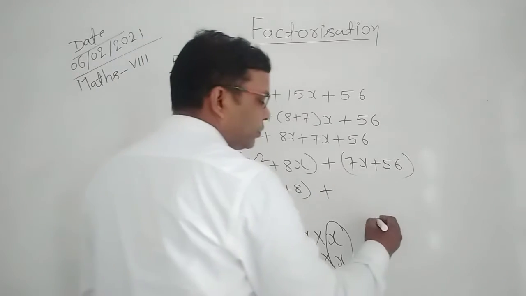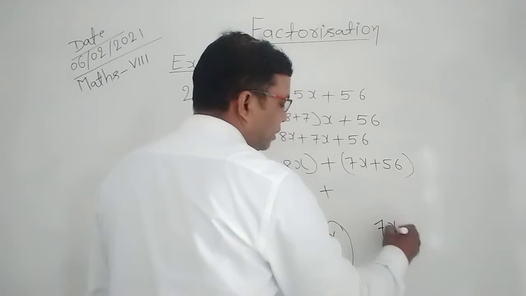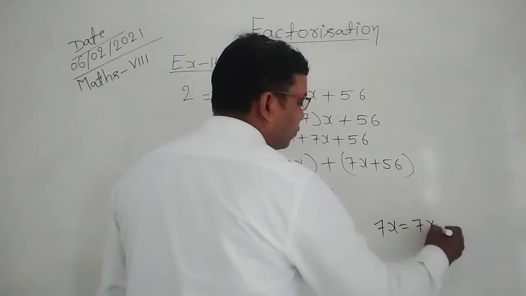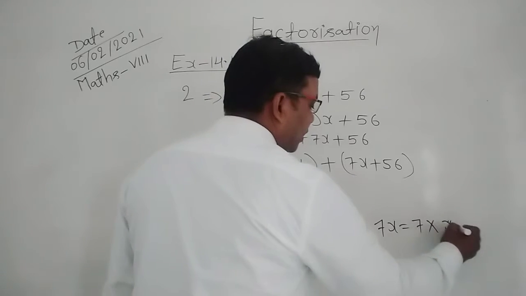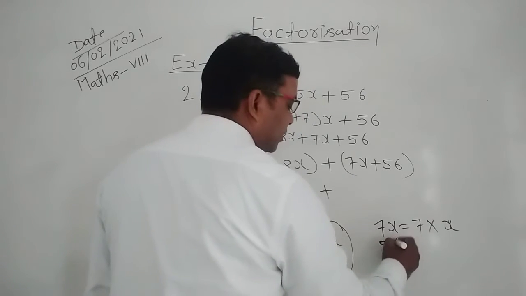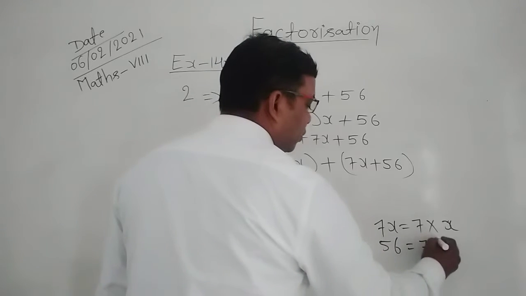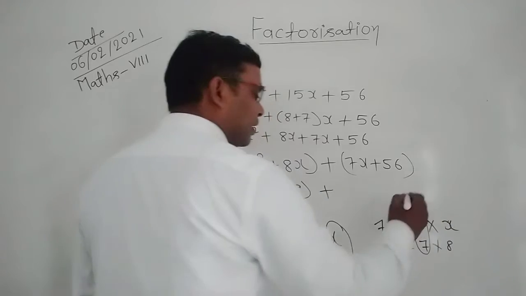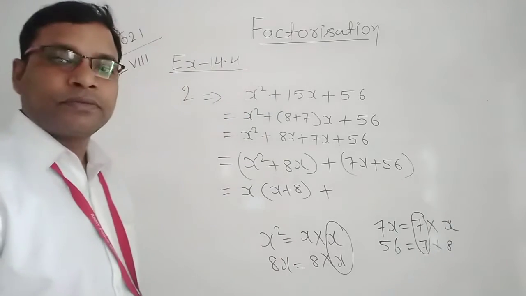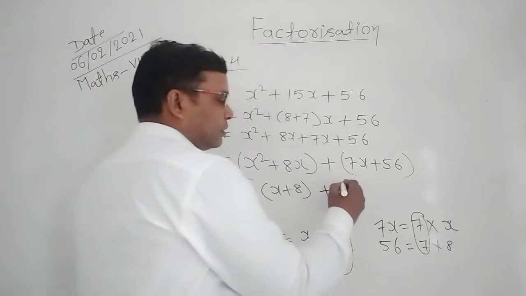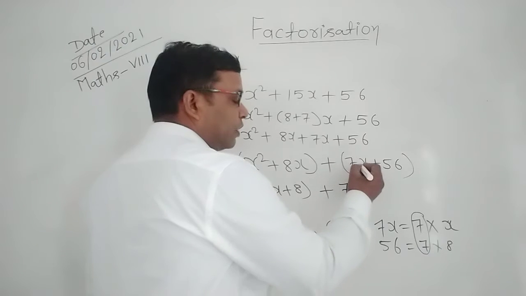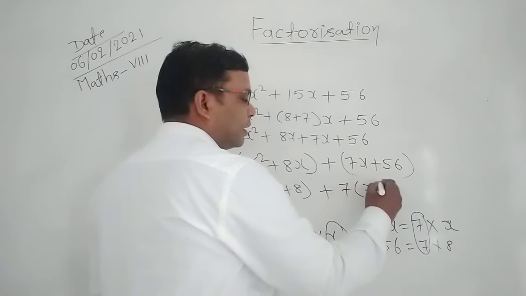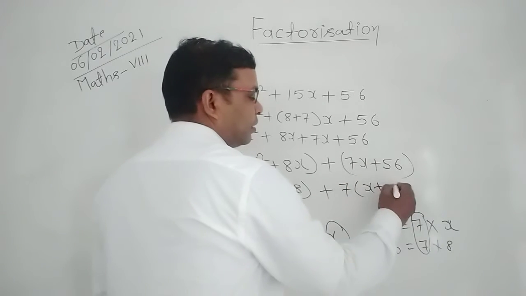You can express 7x as the product of irreducible factors, this is equal to 7 into x. Clear now? And 56 is equal to 7 into 8. So what is common between them? Obviously you can say 7 is common. So you can take common 7, and here we leave x, and here we get 8.